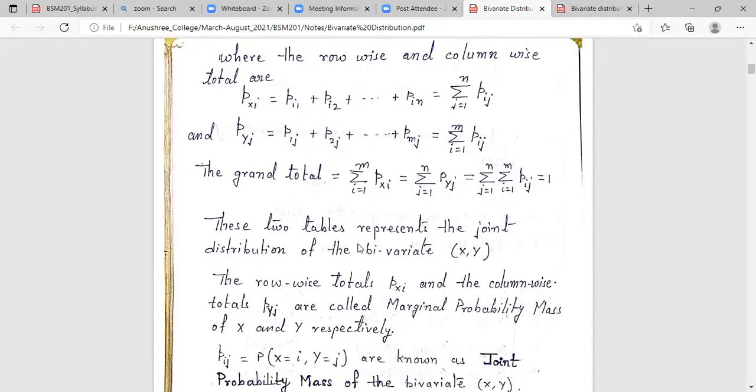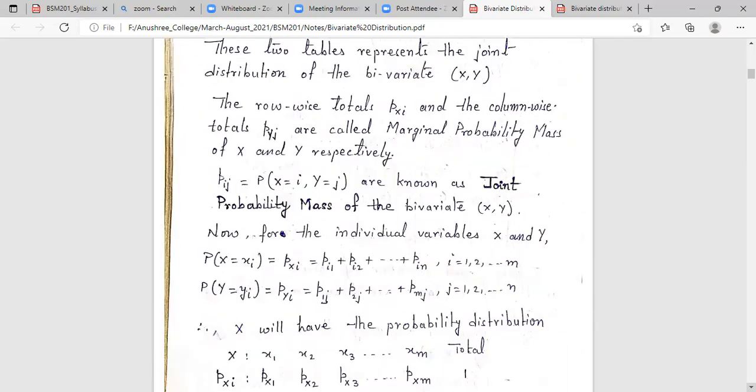So these two tables represent the joint distribution of the bivariate data. The row-wise totals Pxi and the column-wise totals Pyj are called the marginal probability mass functions of x and y respectively. Small Pij, as we have seen earlier, denotes the probability that x equals xi and y equals yj.